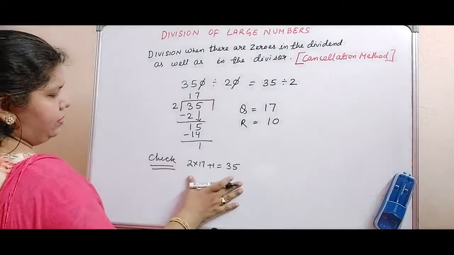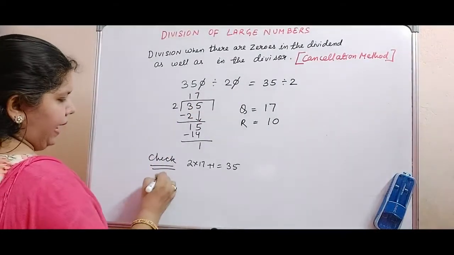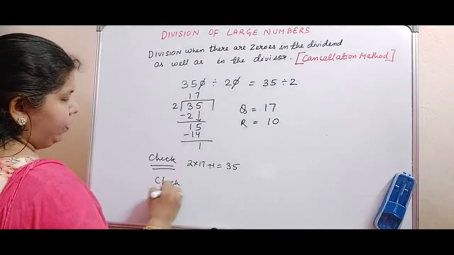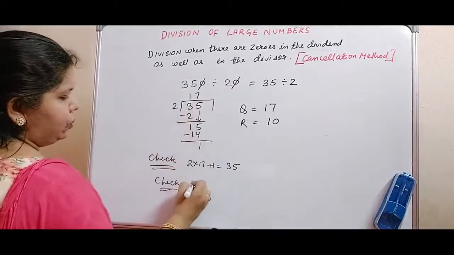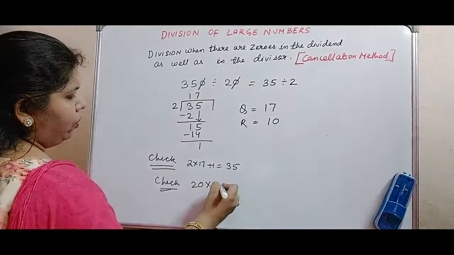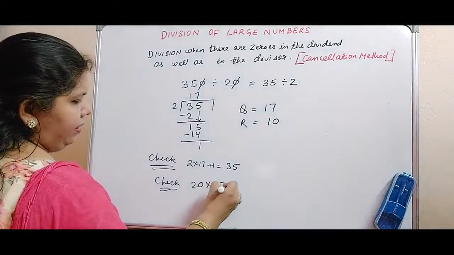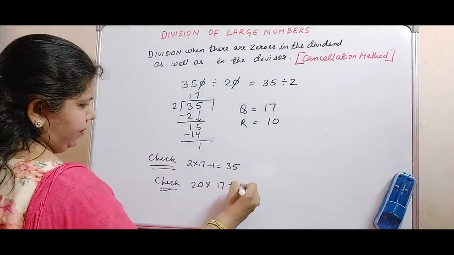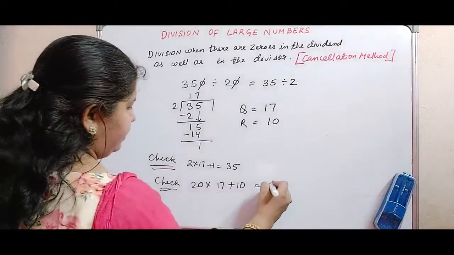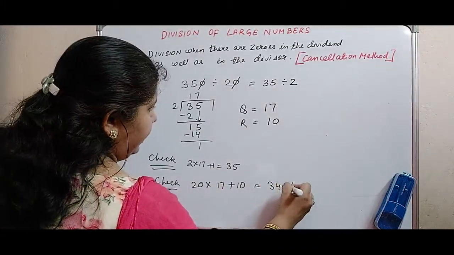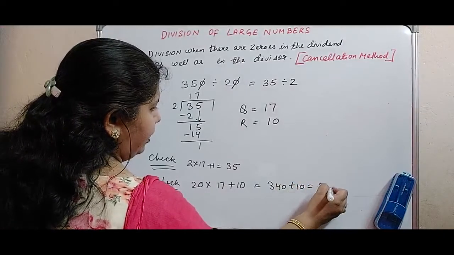After cancellation, this checking we have done, but the actual checking should be with the actual divisor and the actual dividend. The actual divisor is 20, so 20 into 17 plus 10 will give me 340 plus 10 equal to 350.